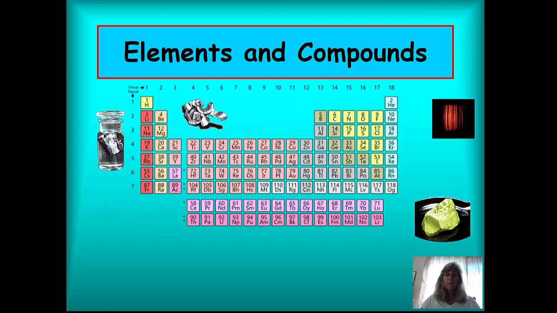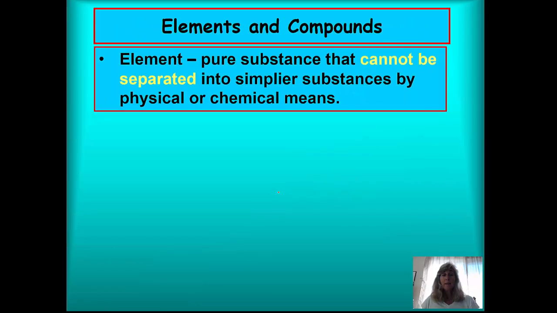Well, the elements, right now there's 118. We've got some new elements down here that were just named in the last couple of years. We'll talk about those a little further. But those are the 118 elements on the periodic table, and they cannot be separated by ordinary means. Here's your textbook definition. Pure substances cannot be separated into simpler substances by physical or chemical means.